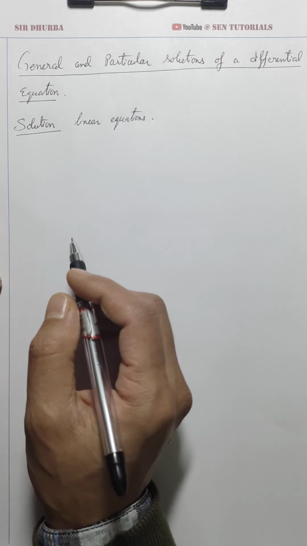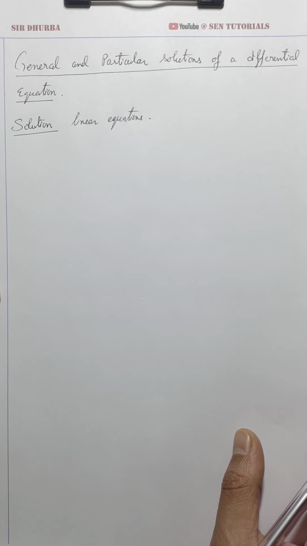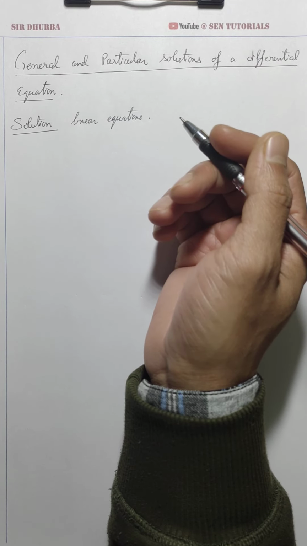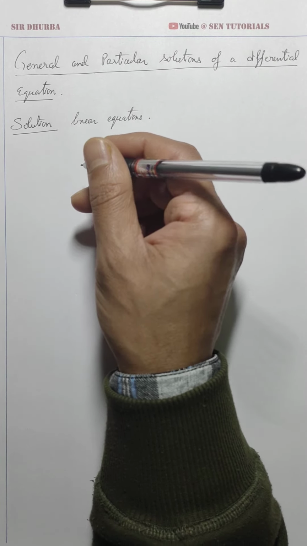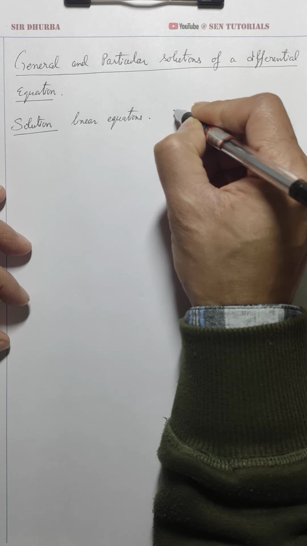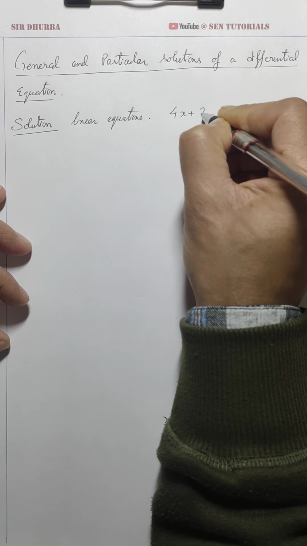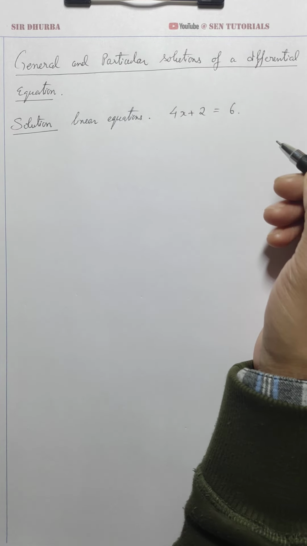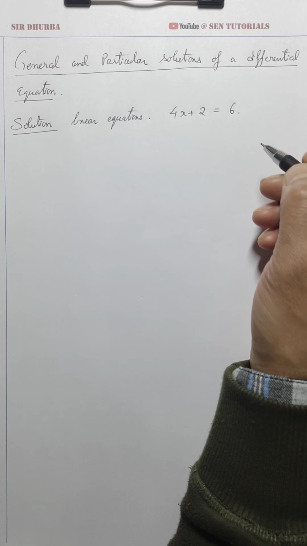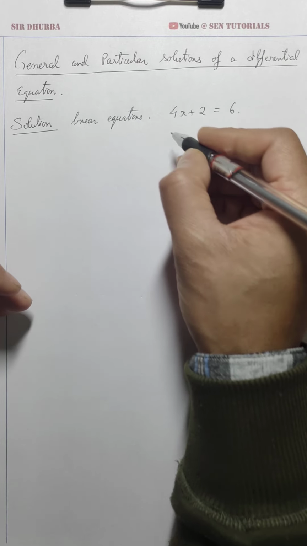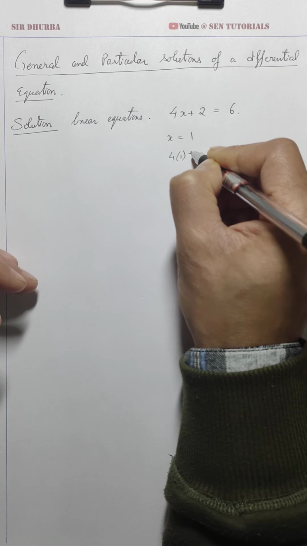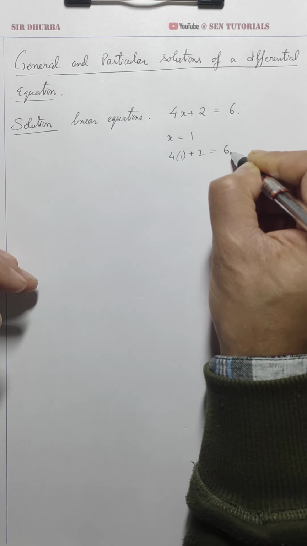But before we really discuss this, let's see what we mean by solution. If you remember, for example, linear equations we have done, trigonometric equations we have done. So for example, if we have a linear equation like 4x plus 2 is equal to 6, and I tell you to find the solution for this equation, then x is equal to 1 is a solution, because 4 into 1 plus 2 is going to give us 6.